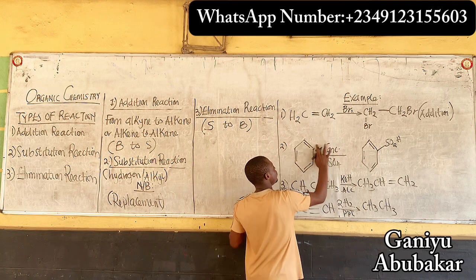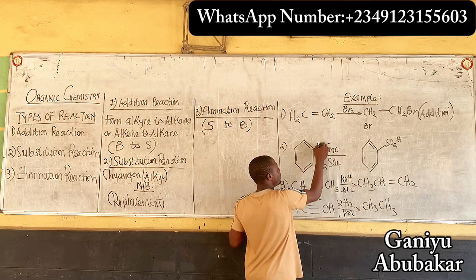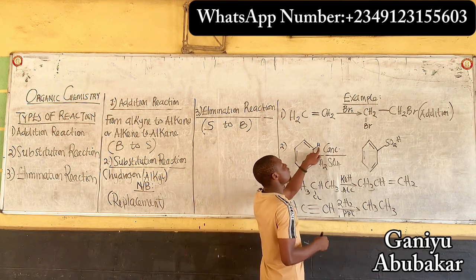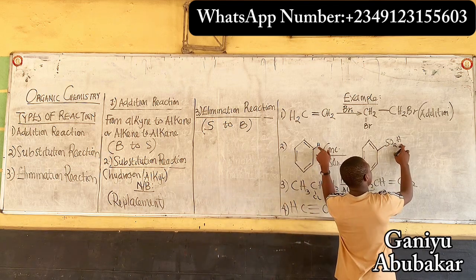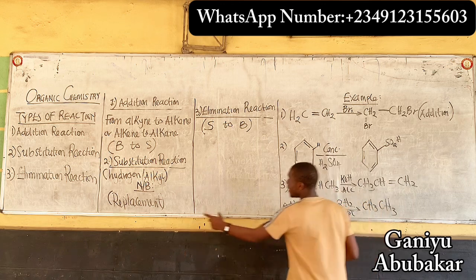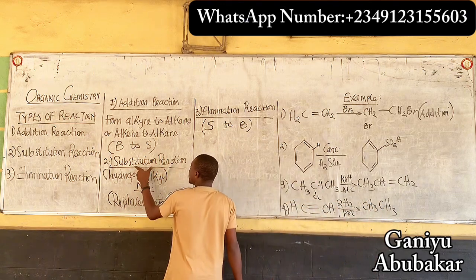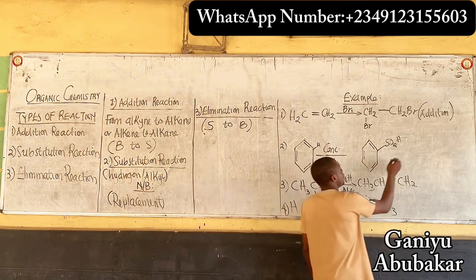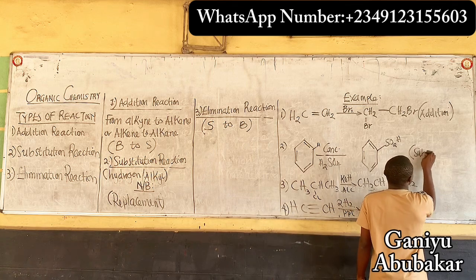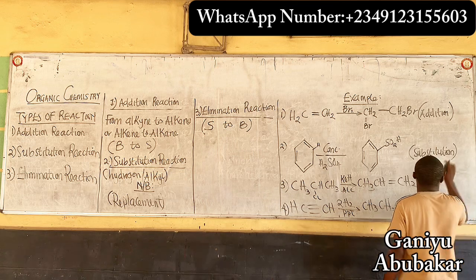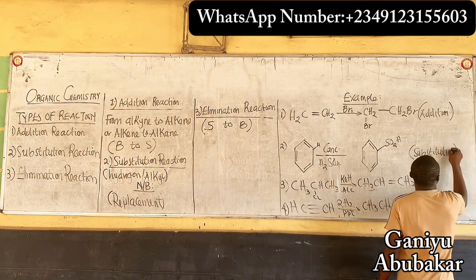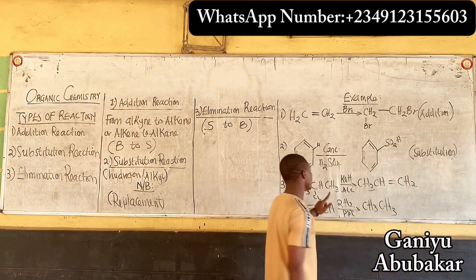But what do you observe? Here there's meant to be a hydrogen. The hydrogen was replaced by SO2H. So whenever there's a replacement, this compound is called a substitution reaction. Please, what of this one? Please, all this way.